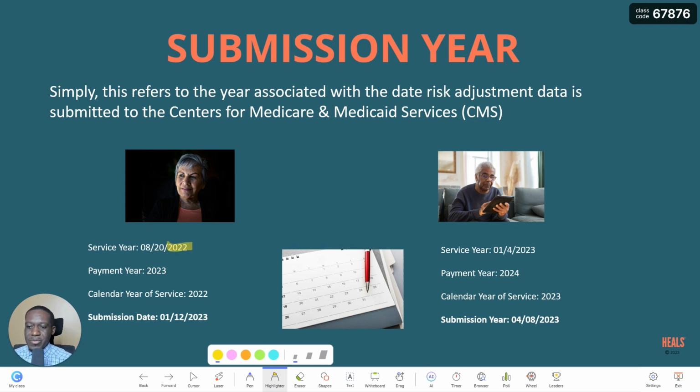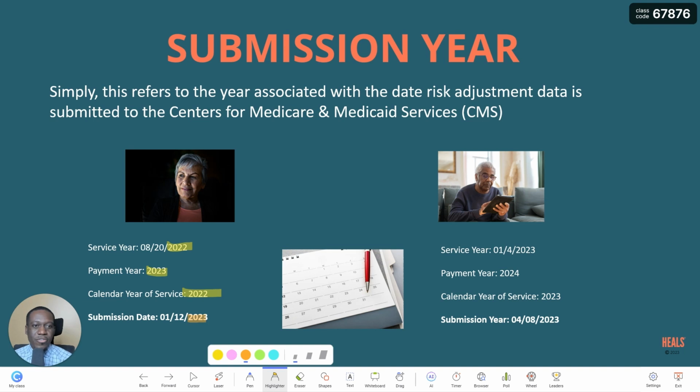We learned that that goes into payment year 2023, and the calendar year of the service year is 2022. And if this data is submitted to CMS on 1/12/2023, then guess what? The submission year is 2023. So the submission year is the year associated with the date that the data was submitted.